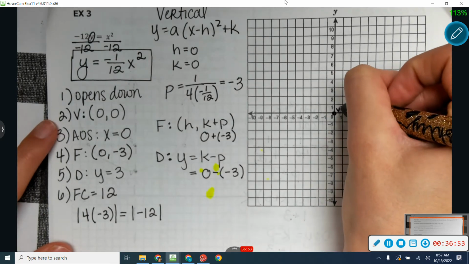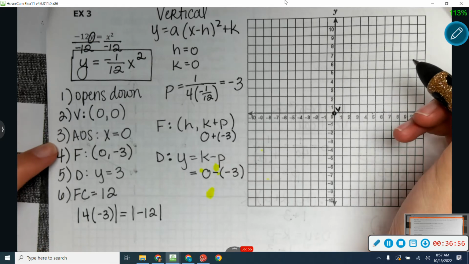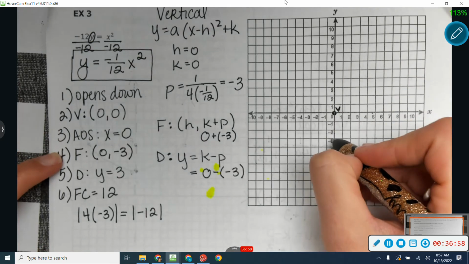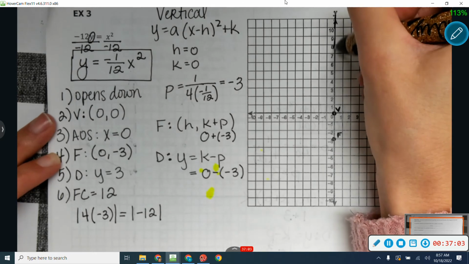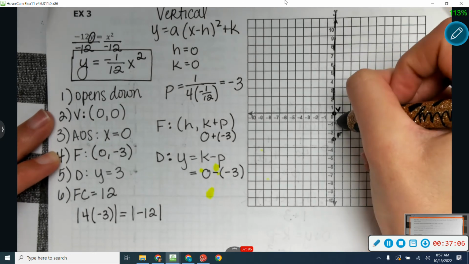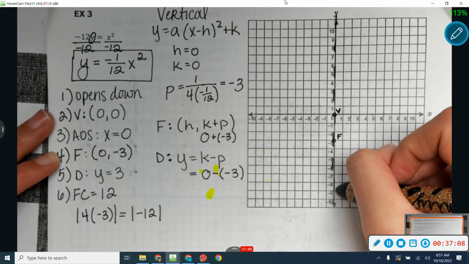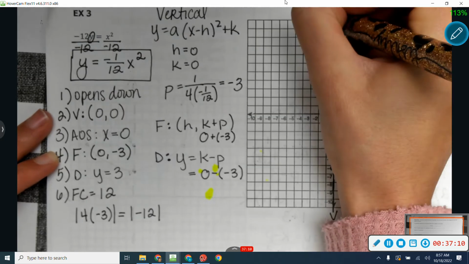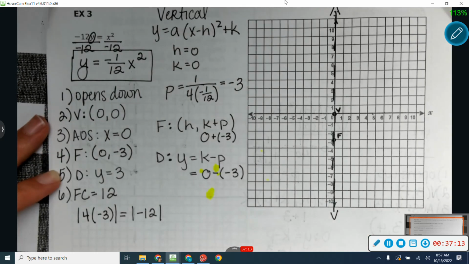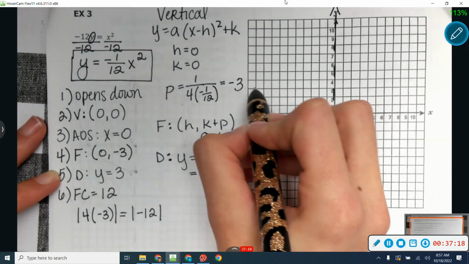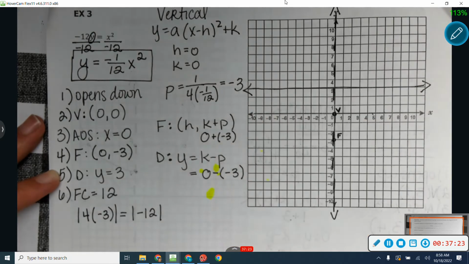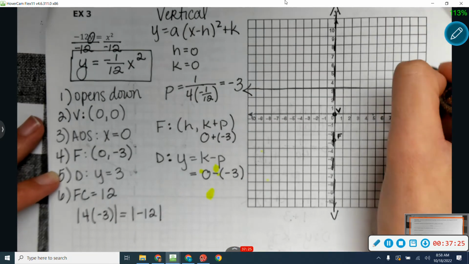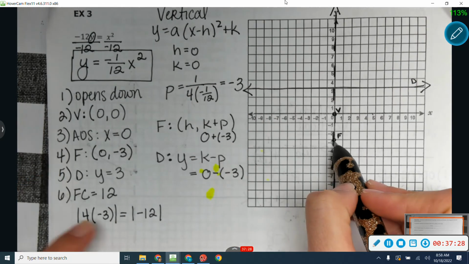So do your vertex. My focus is 0, negative 3. My axis of symmetry is x equals 0, which is the y-axis. My directrix is y equals 3. Alright, now my focal chord is 12.